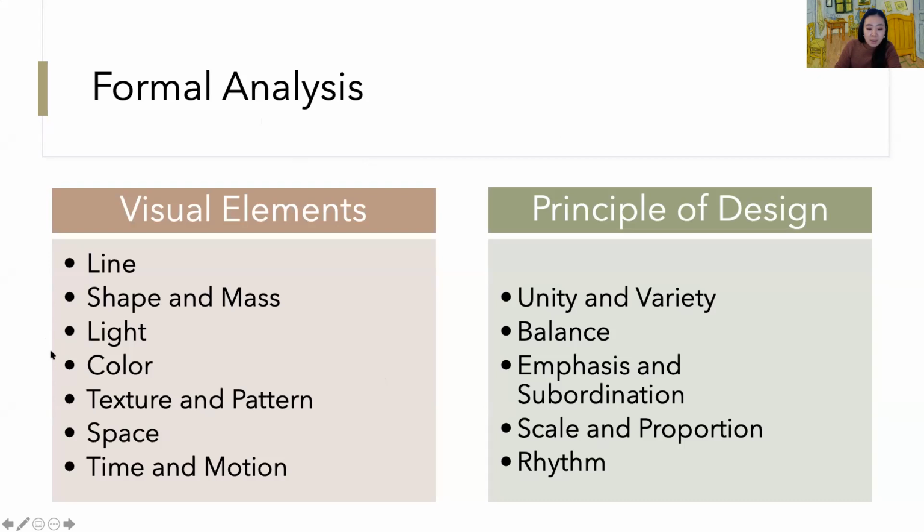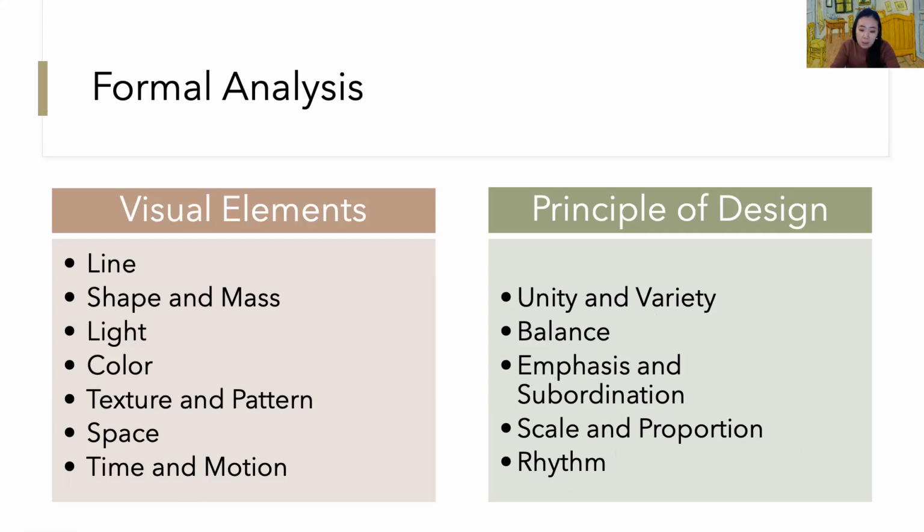Visual elements include line, shape and mass, light, color, texture and pattern, and space and time and motion. Also, artists can use the principles of design such as unity and variety, balance, emphasis and subordination, scale and proportion, and pattern and rhythm.